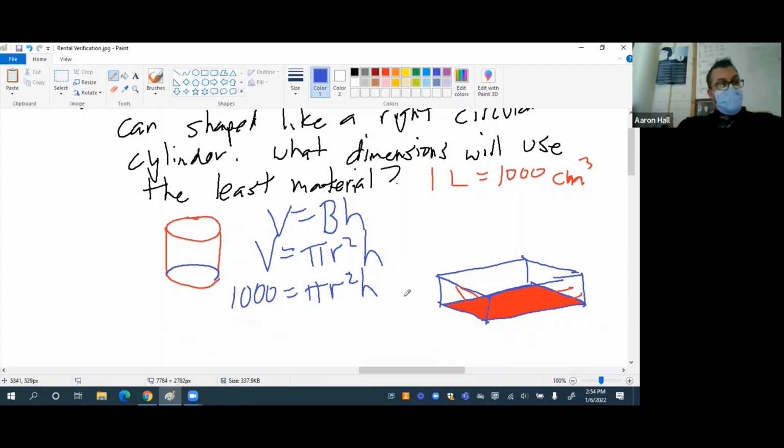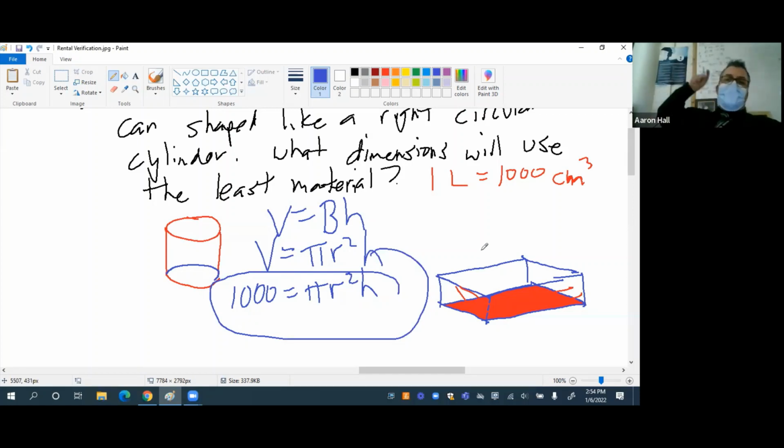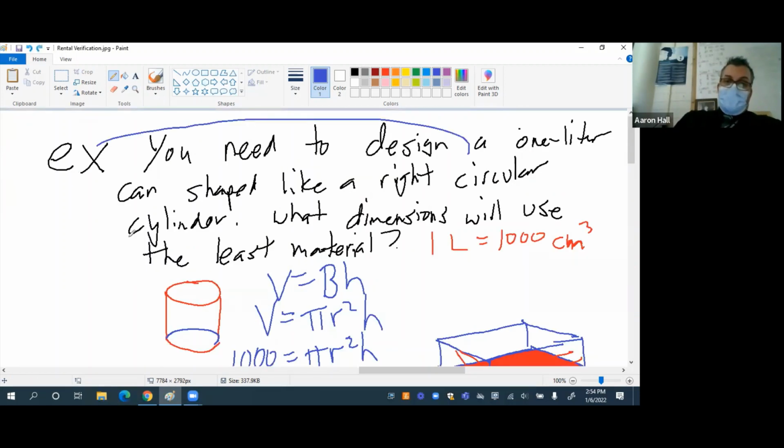Okay, now what? Do we just take the derivative of this? Didn't I say when it comes to optimization that we usually have 2 equations we have to deal with? Yeah, we need the surface area. What tells me that I need the surface area? The material, yeah, I'm trying to use the least amount of material.